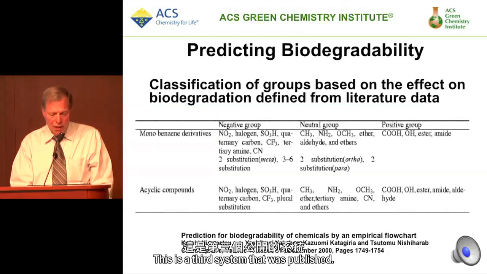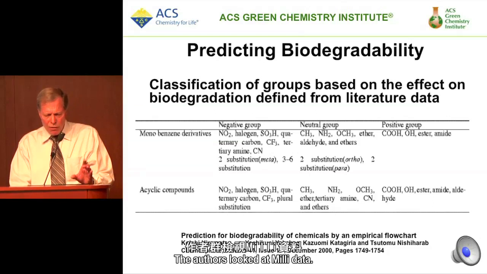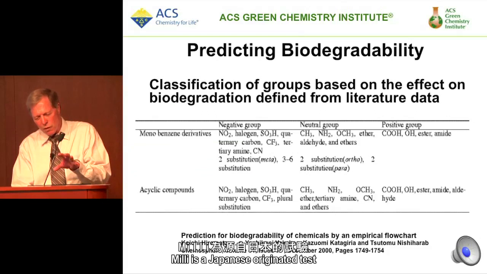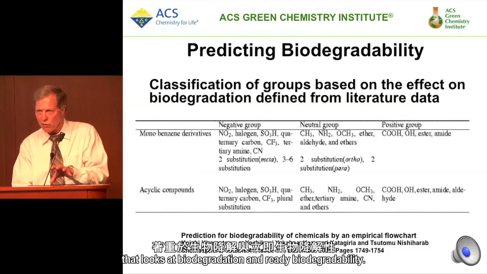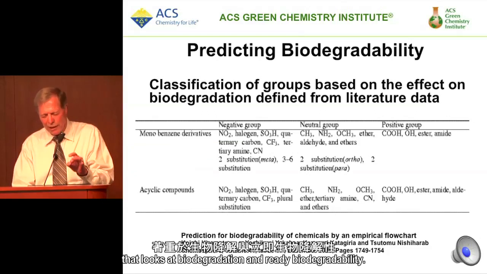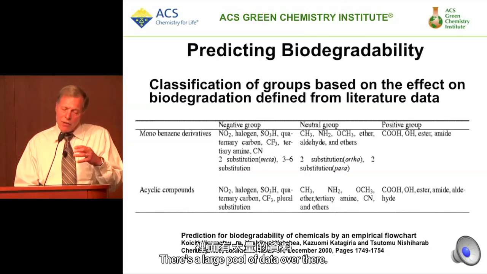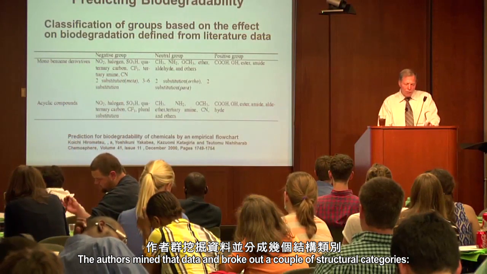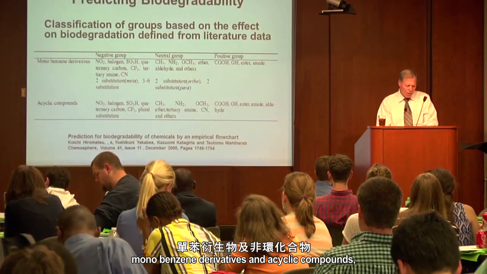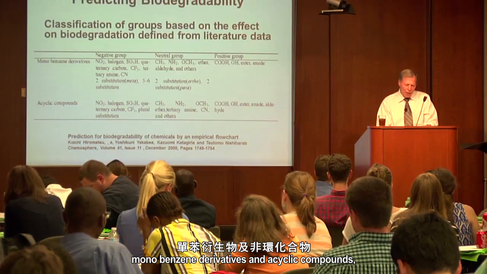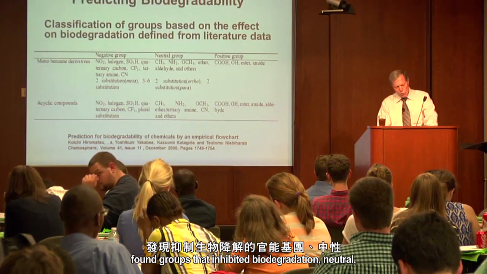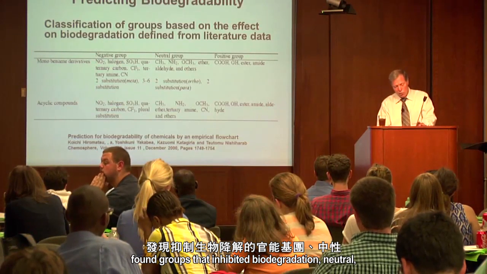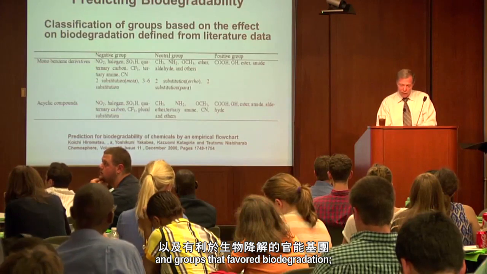This is a third system that was published. The authors looked at MITI data, which MITI is a Japanese-originated test that looks at ready biodegradability. And there's a large pool of data over there. The authors mined that data, broke out a couple of structural categories, the monobenzene derivatives and the acyclic compounds, found groups that were negative, that inhibited biodegradation, neutral, and then groups that favored biodegradation.